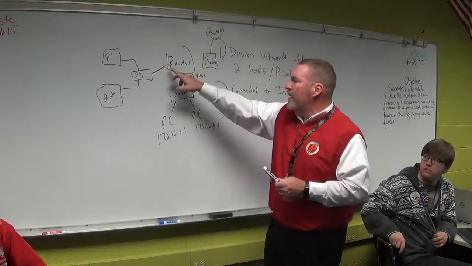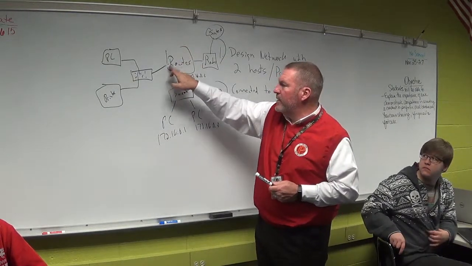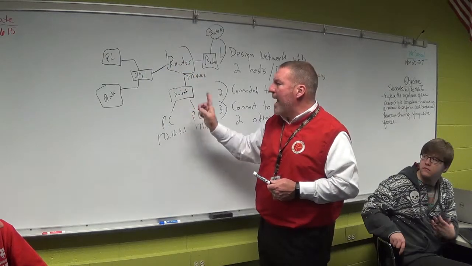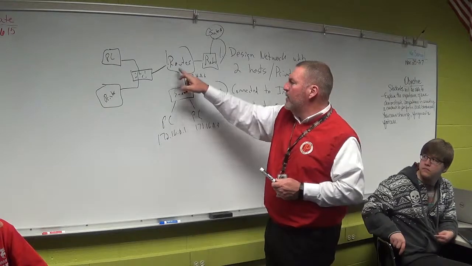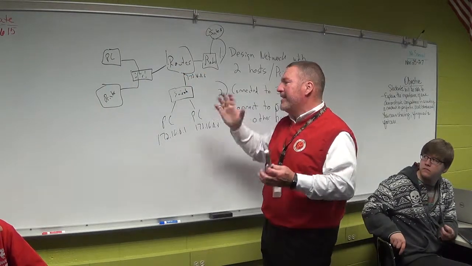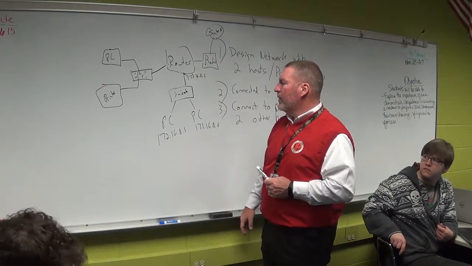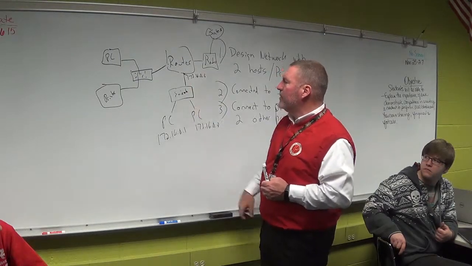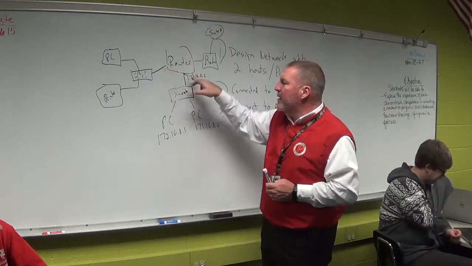You would add the route statement to this router itself: route add, if it's destined to the 172.16 network, send it out this interface. Actually, that isn't even necessary because it's going to know. What you need is a router in between these to actually make that happen.